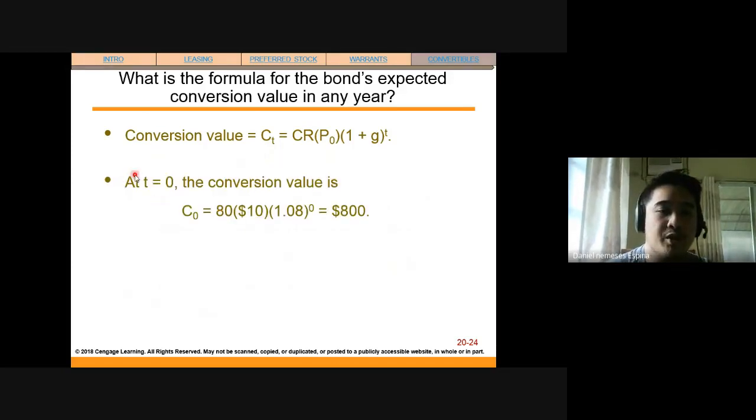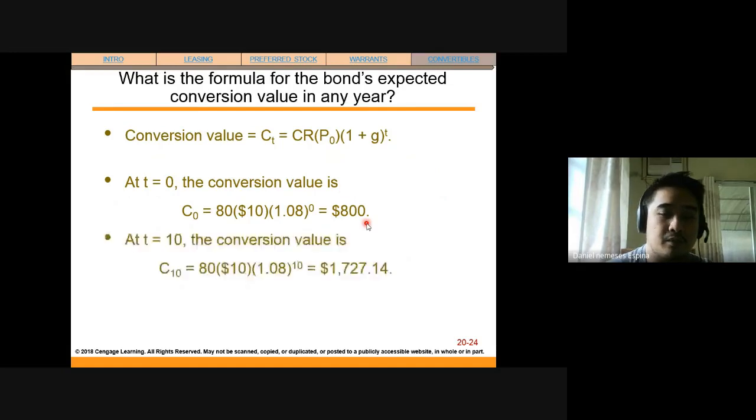For example, today at time 0, the conversion value is 80 multiplied by 10 per share and then 1.08 raised to 0, which is equivalent to 1. So the total conversion value today is $800.